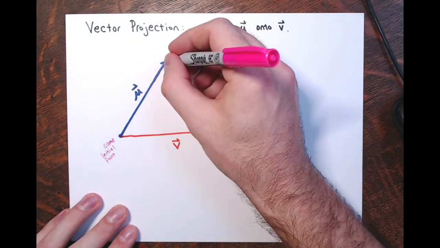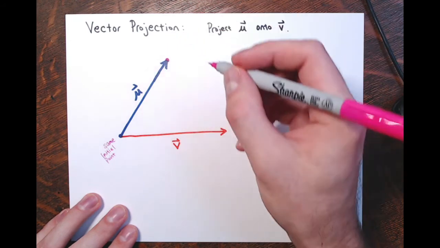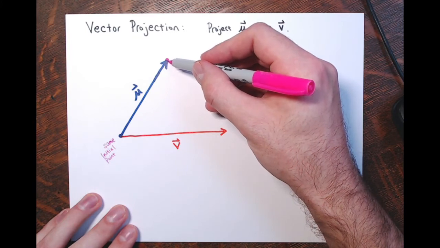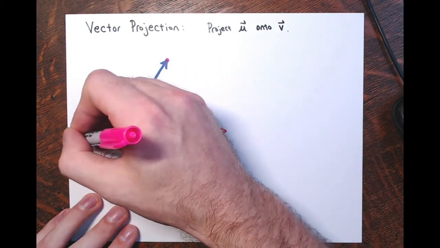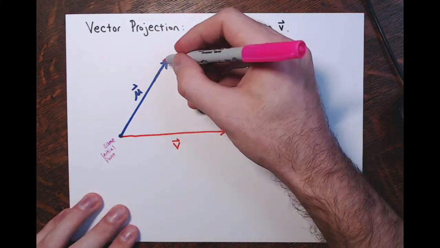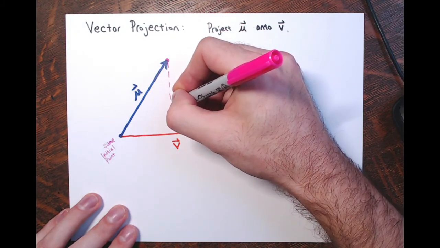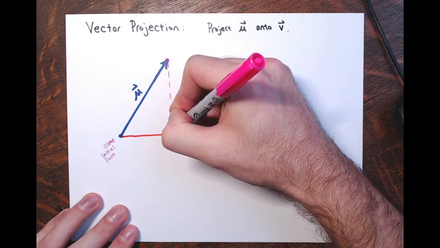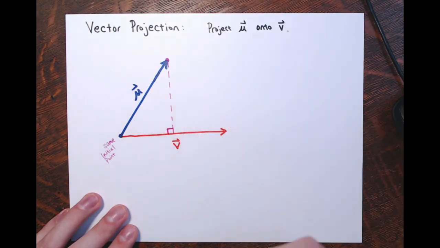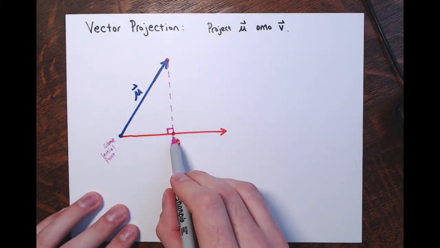So what you do is you go to the terminal point of u. Right? Where does vector u end? And then you draw a perpendicular segment to the line with v on it, right? To the line with the same direction as v. So I'll make this little dashed. Right? This is just drop it straight down so that we are perpendicular, forming a right angle with vector v here, so that would be at this point.